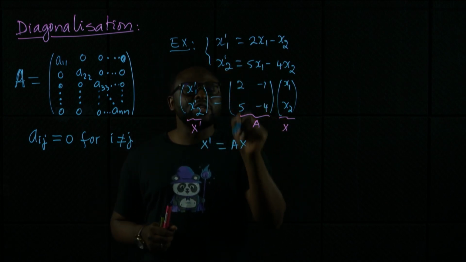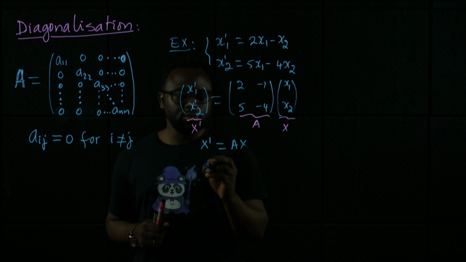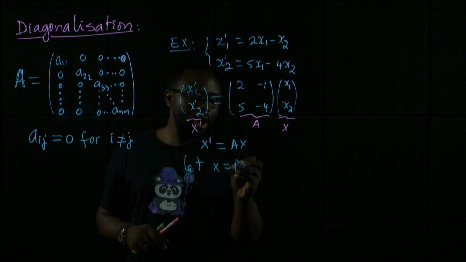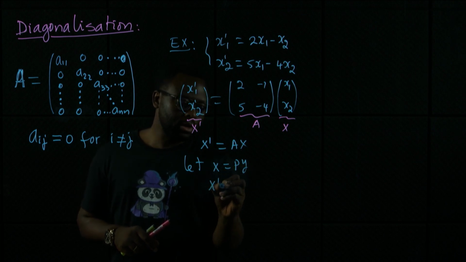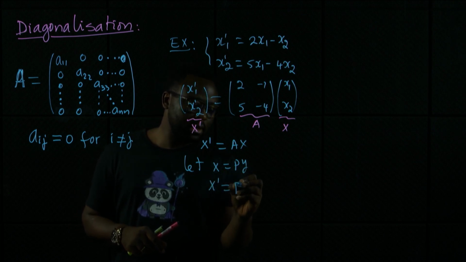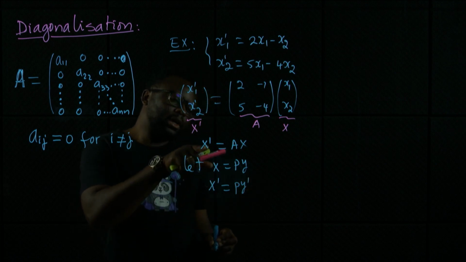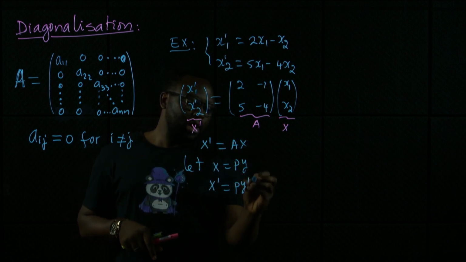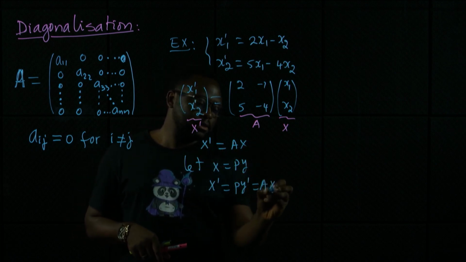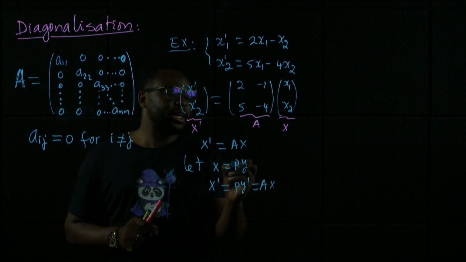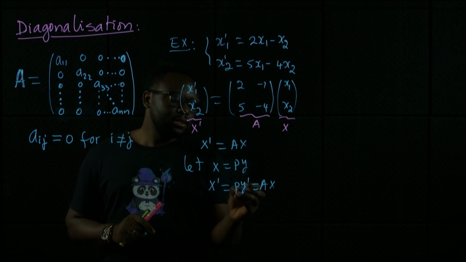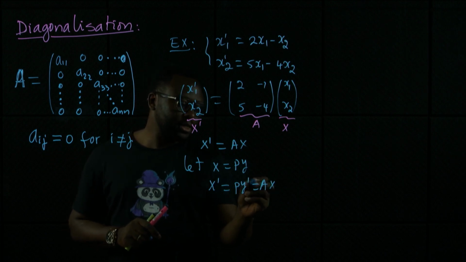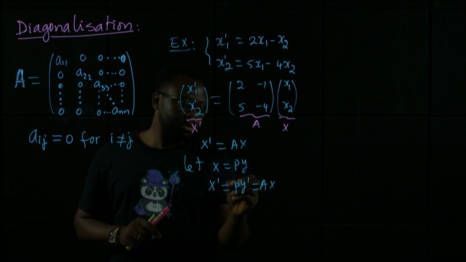Alright, if we introduce a new variable here, let's call it y, such that x is equal to Py. Then if we differentiate this, x prime is equal to P times y prime. And we know that x prime is just given by A times x. I'm still coming back to explain what P is, because we have to know what P is.